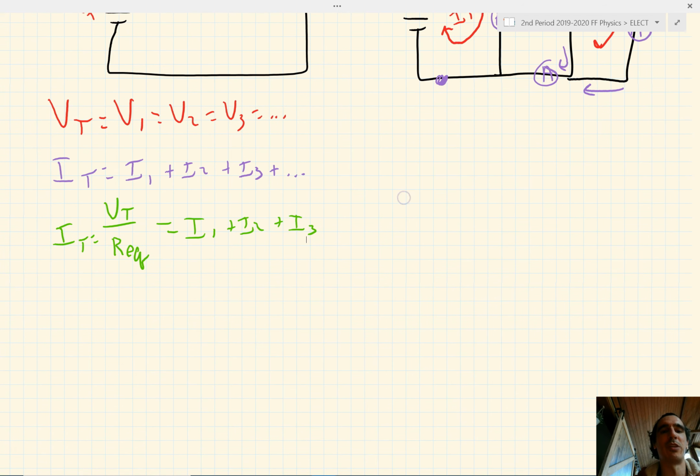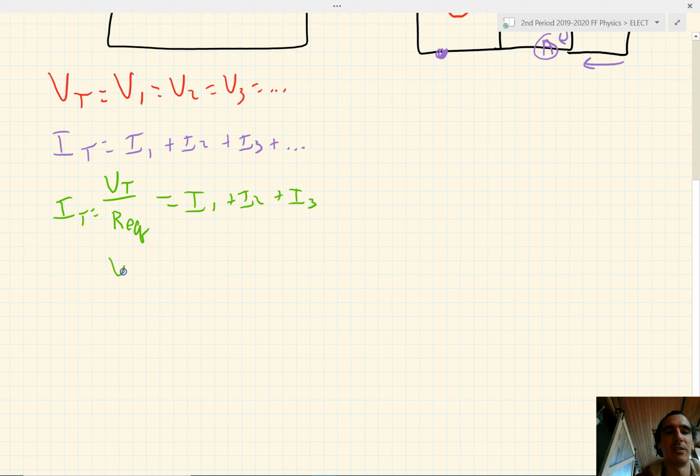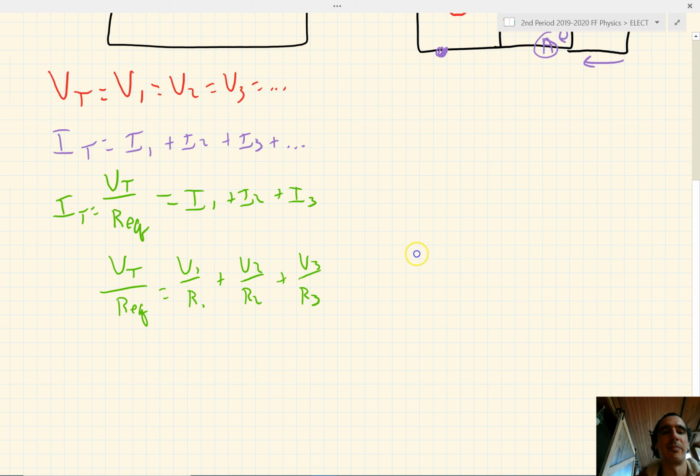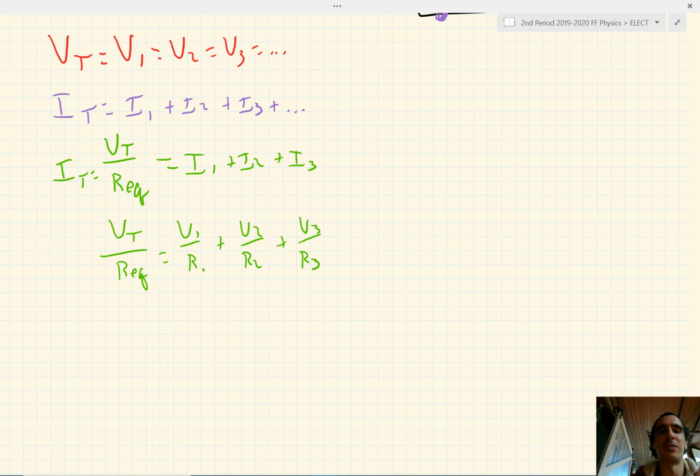If we utilize Ohm's law for each individual resistor, we'll have V total over Req is equal to V1 over R1 plus V2 over R2 plus V3 over R3. All the potential differences are the same across each individual resistor.